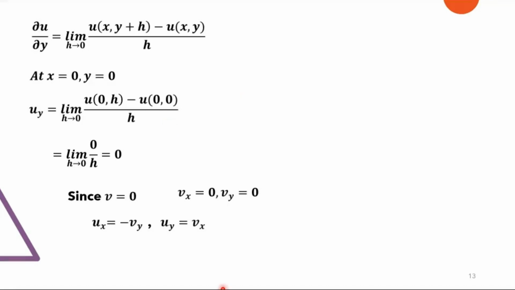I'm sorry, this is ux is equal to vy, not minus vy. Let's change this minus sign. मैंने यहाँ पे गलत लिखा है, ये minus sign यहाँ पे आना चाहिए. ux is equal to vy and uy is equal to minus vx. यहाँ पे फर्क नहीं पड़ता because everything is 0, but still the CR equations are not right. Let's change this to plus vy.